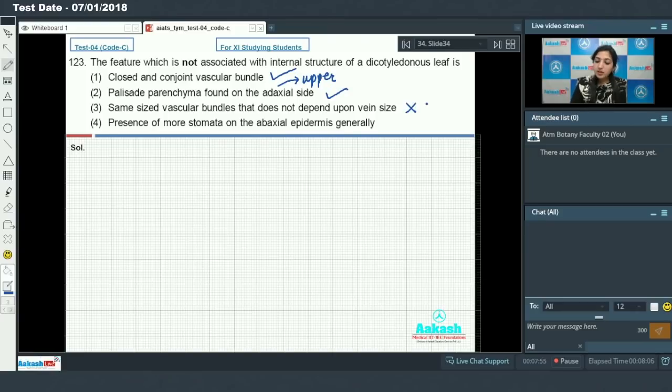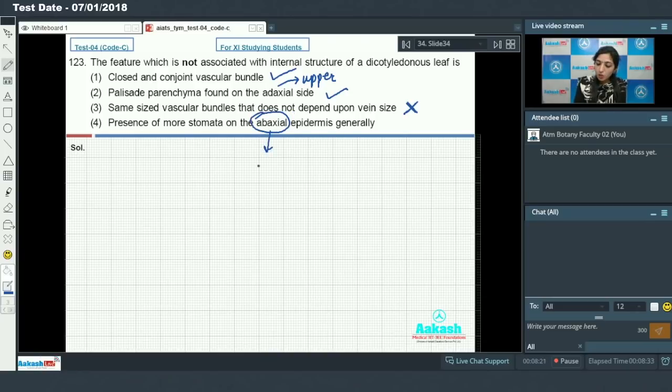Same size vascular bundles that does not depend upon vein size. This is incorrect. Dicotyledonous leaf में vascular bundles same size के नहीं होते. They vary according to the vein. If the vein is thicker, the vascular bundles are large, and if the vein is thinner or narrow, the vascular bundles are small. So this is an incorrect option. Presence of more stomata on the abaxial epidermis generally.